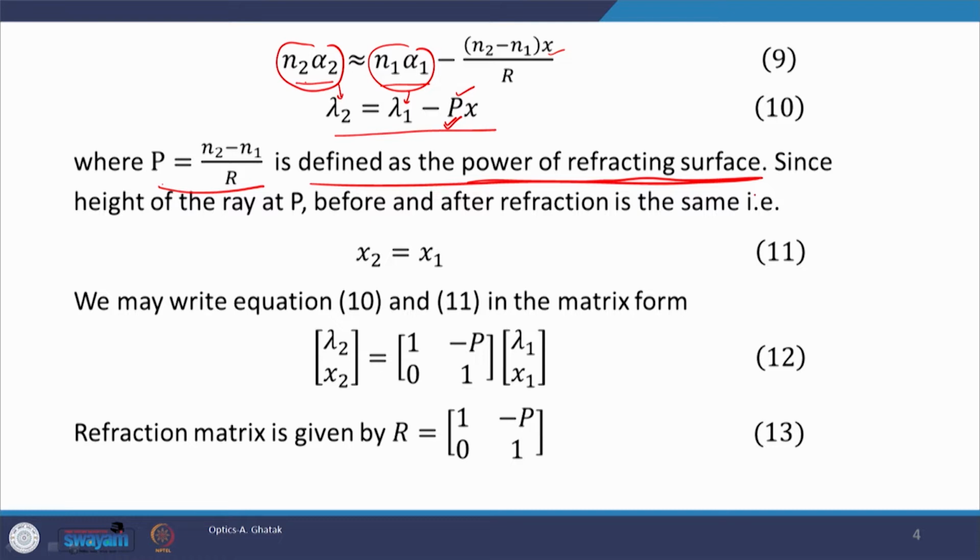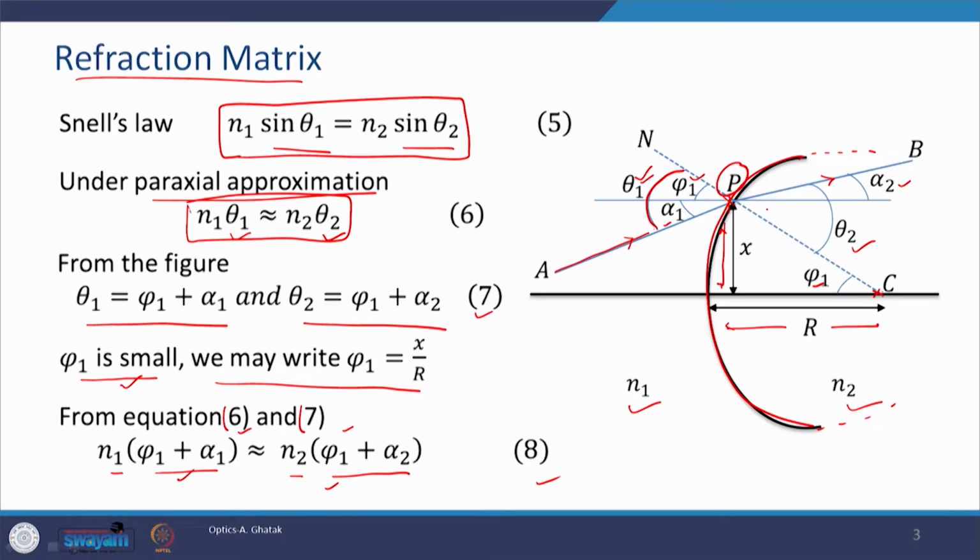Now, since the height of the ray at point P before and after refraction is the same, what it means is the following: the ray from point A goes to point P, and as soon as it falls on P, it gets refracted and then goes towards point B. Right before refraction and right after refraction, this height x is fixed.